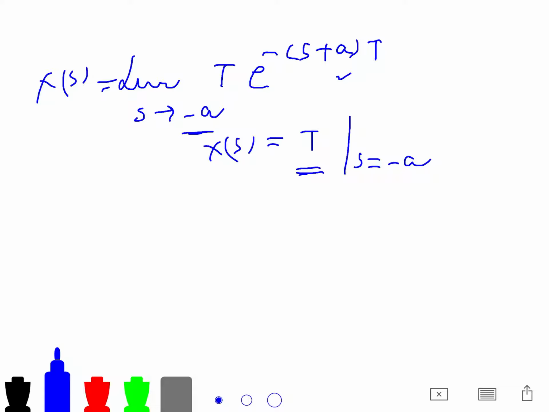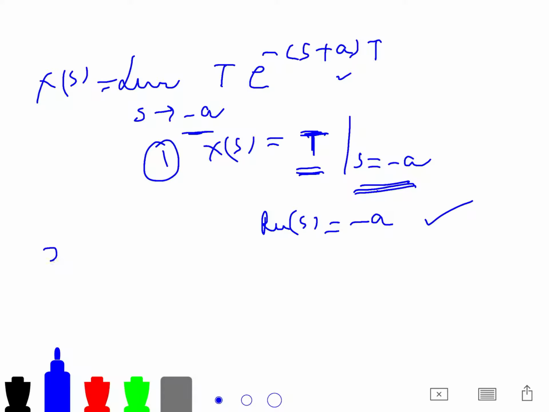So this is also in the ROC because it is coming as a finite value.